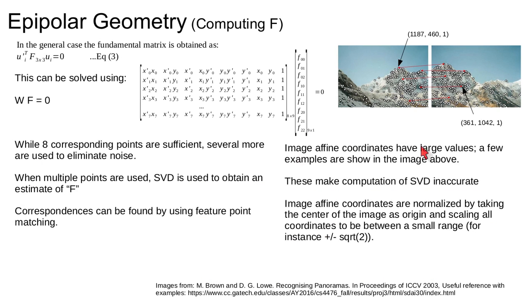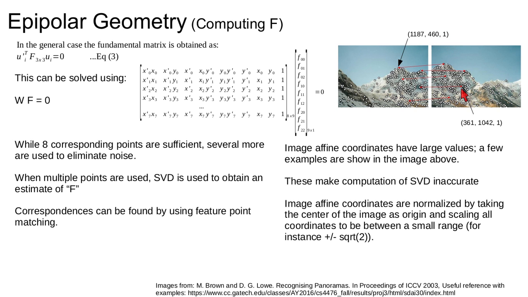A point to be noted is that image coordinates have very large values. It depends on the resolution of the image, but in general, having values in the range of thousands is not uncommon. So for instance, this pixel has a coordinate of 1187,460, and when you express it in homogeneous coordinates, you would write it as 1187,460,1.